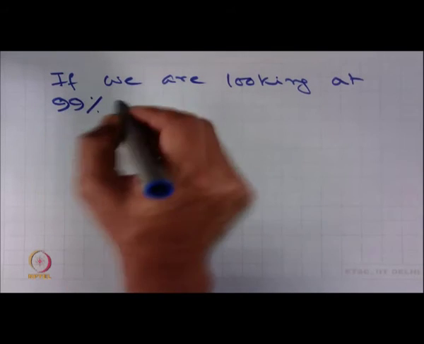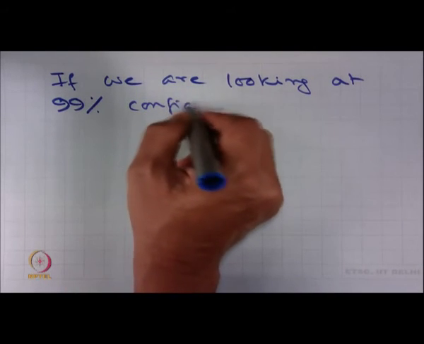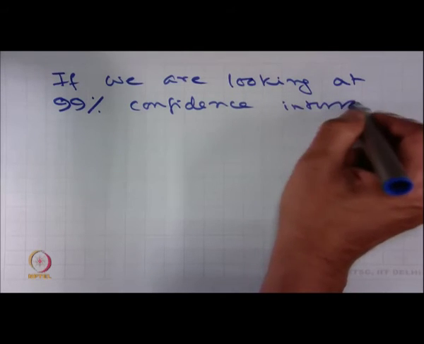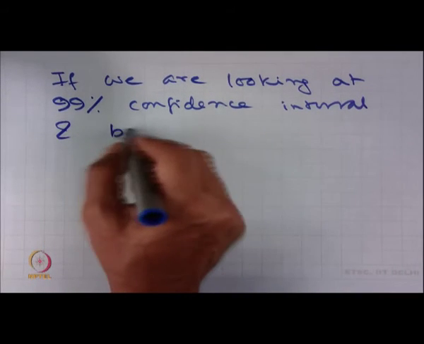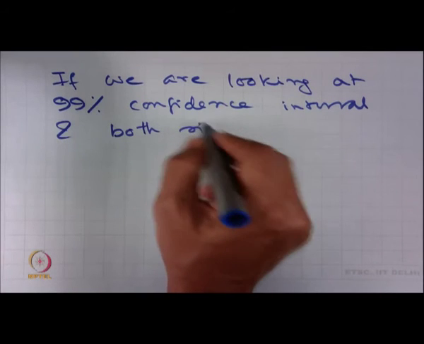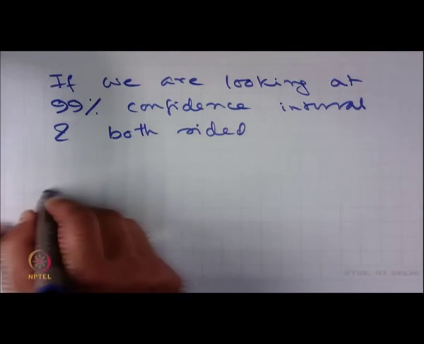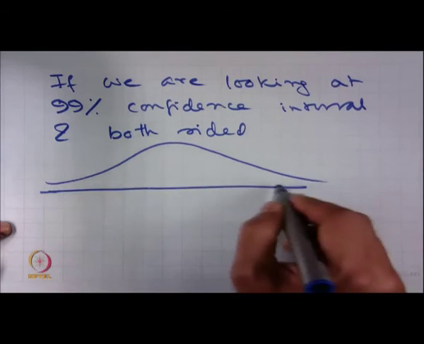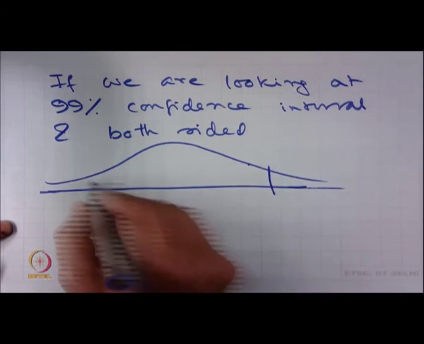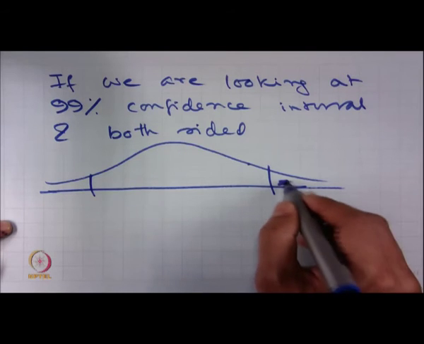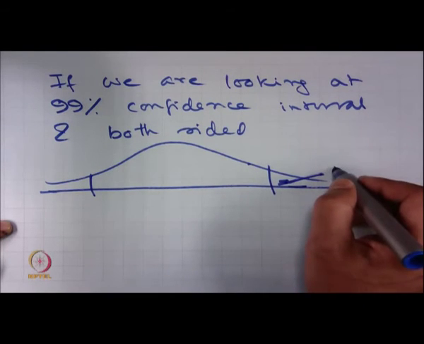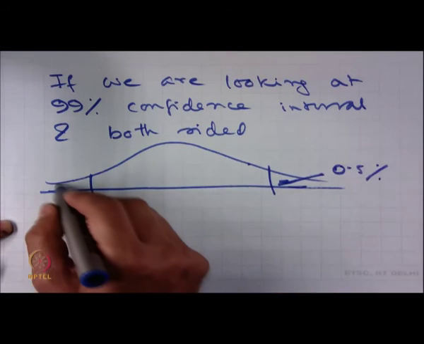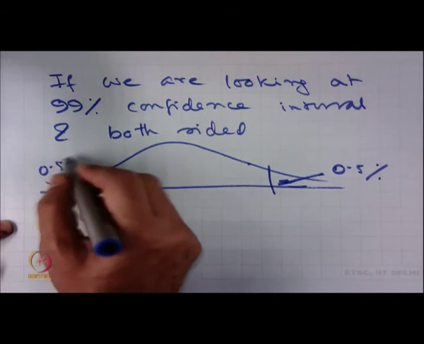If we are looking at a 99% confidence interval, and both sided, therefore, we are looking at this being only 0.5% and this being 0.5%.